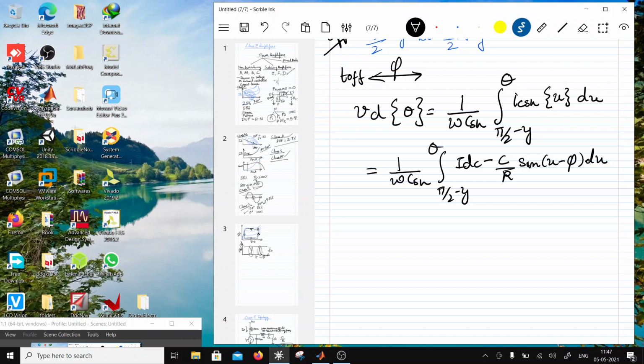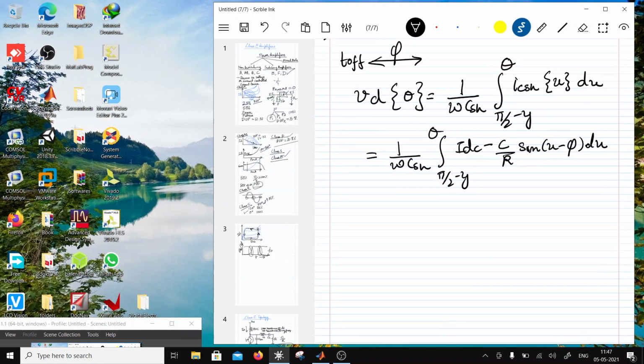Okay. So now let's do this integral. So I will have Vsh as a function of theta equal to the integral of that, which will be IDC times u. I'm doing an integral, c over r common, and this will be minus cos, so this will be plus cos of u minus phi. Let's proceed with minus.